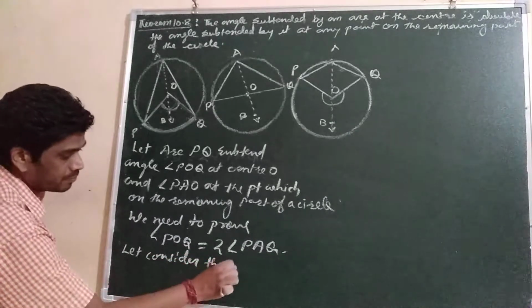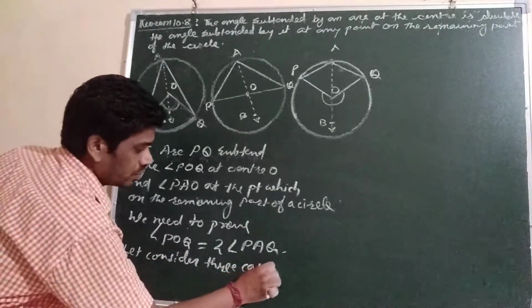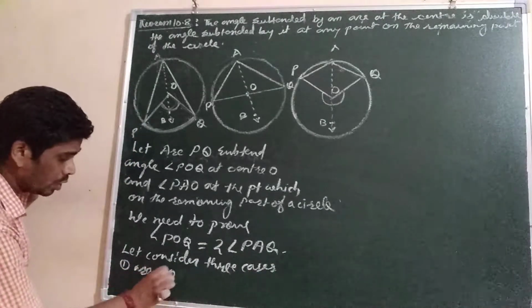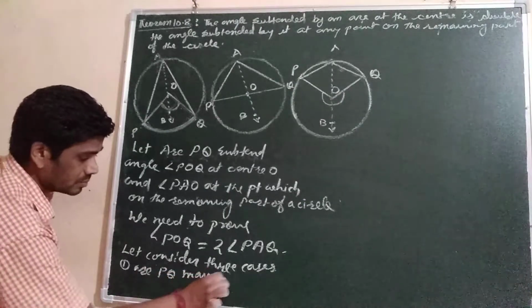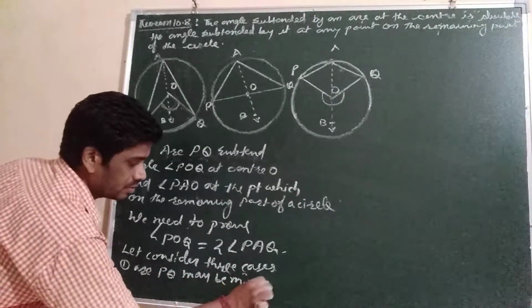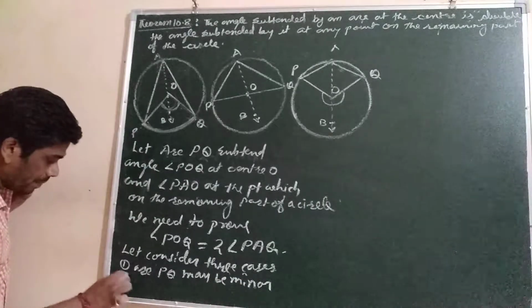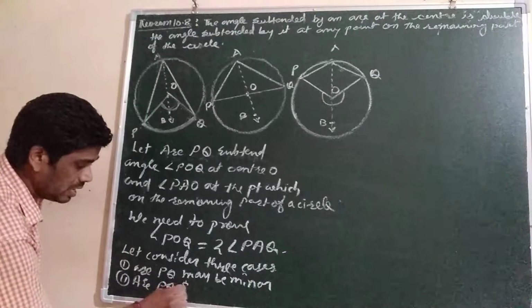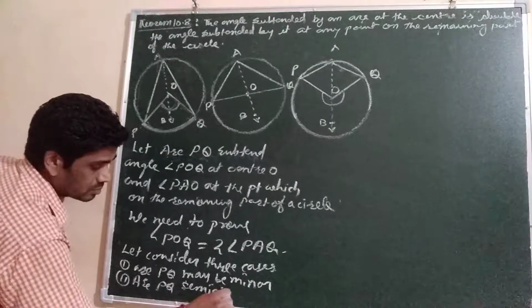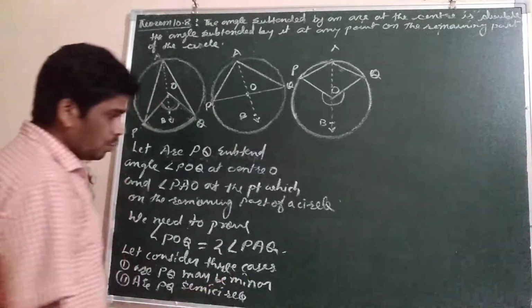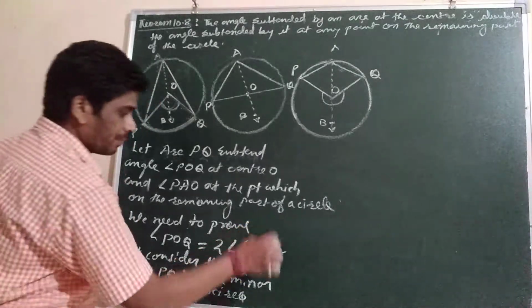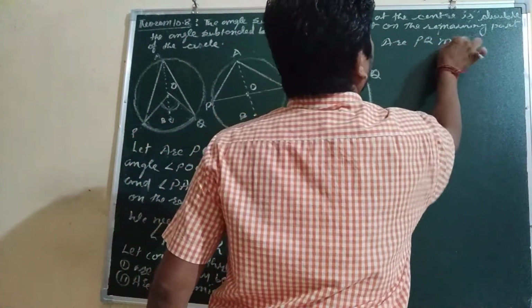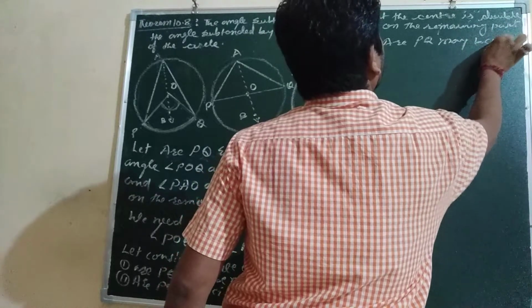First, arc PQ may be minor, arc PQ may be a semicircle, and arc PQ may be major.